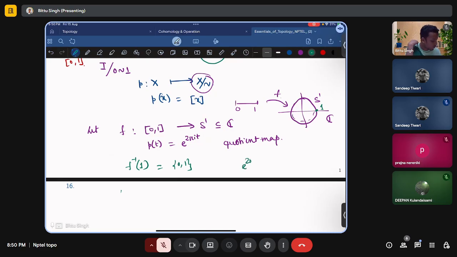So we know e to the power 2 pi i times 0 is the same as e to the power 2 pi i times 1, which is 1. So both 0 and 1 go to the same point, right?